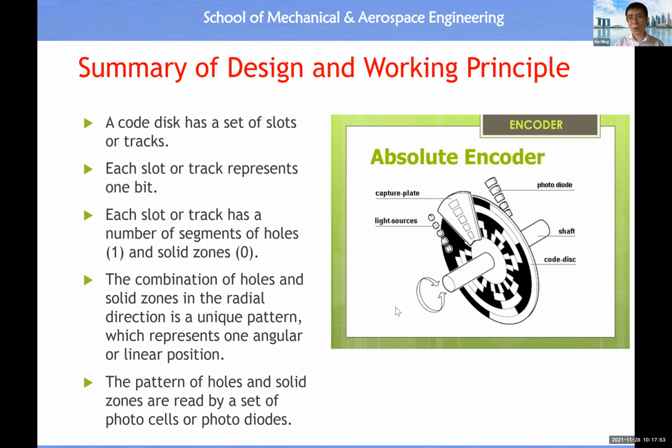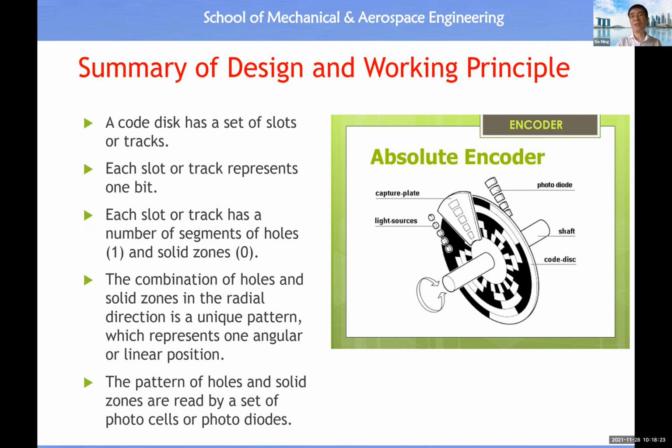So for one circular track, it will output one series of signal from one photocell. If, let's say, we have 5 photocells, then this position sensor will output 5 bits. Because each bit takes the value 0 or 1, we have a total combination of 32 positions.